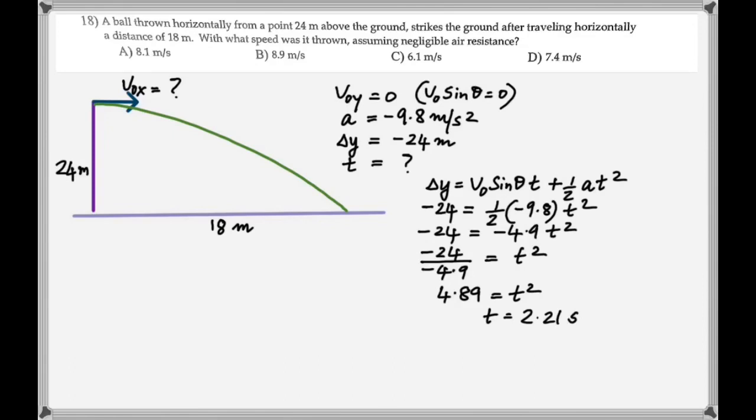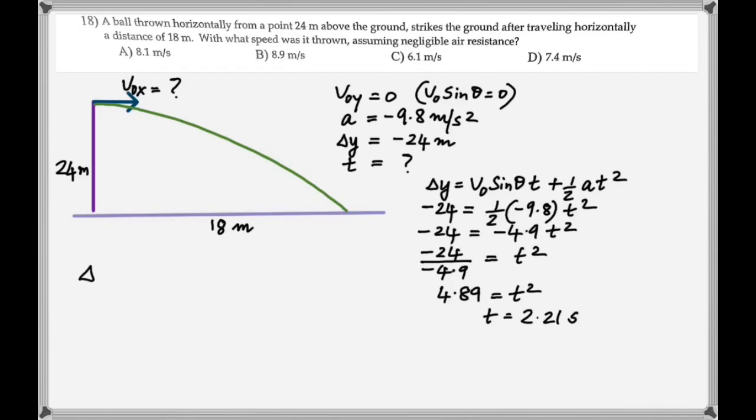Now what do we do? We know that it took 2.21 seconds to hit the ground. And we're also given the delta x, which we have not used. So that's what we're going to use now.